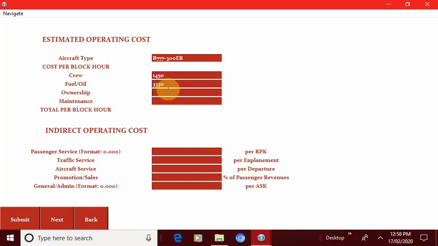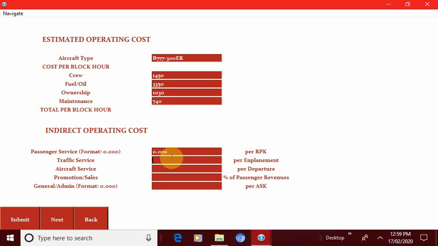Then for ownership, say $1,030 per hour, and maintenance, say it's $740 per hour. And passenger service, that's the indirect operating cost. We'll say in the same format of 0.0 in the percentage. Let's take this to be 0.020, that is 2 cents per RPK.